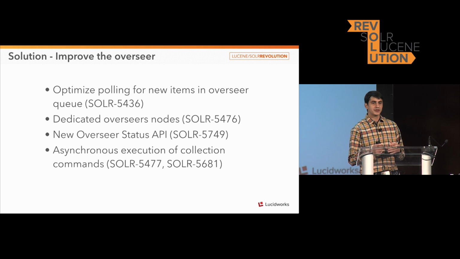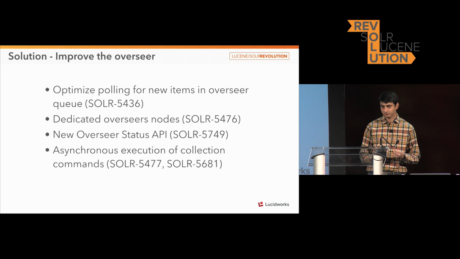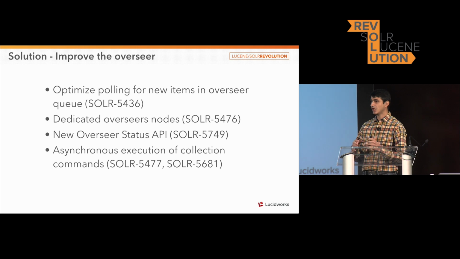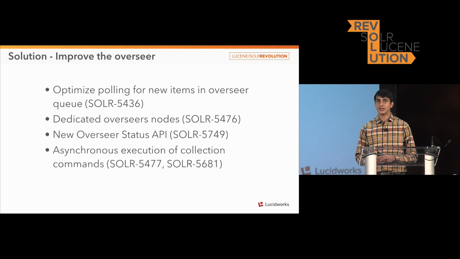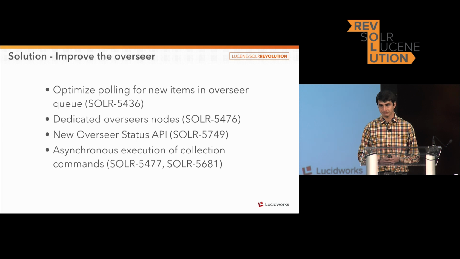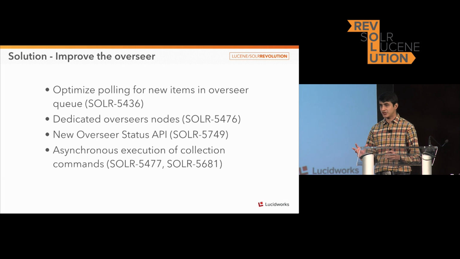The fourth problem that we had to solve was the asynchronous execution of collection API tasks. The overseer collection processing was single-threaded, which meant that if you had a long-running split or create command, then other create commands would not execute in parallel. The overseer collection processing was actually designed for very short-running tasks.